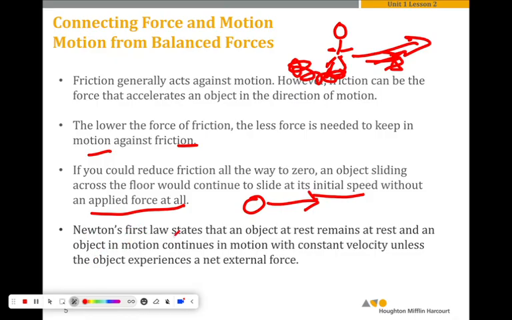Newton's first law states that an object at rest remains at rest, and an object in motion continues in motion with constant velocity unless it experiences a net external force.